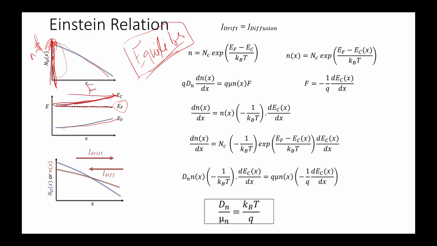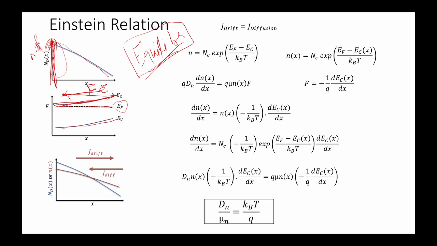Because of this field there will be a drift of electrons, since drift comes into picture when there is a field, and we can clearly see from this band diagram that there is a field. So there is a drift of electrons in the negative x direction.